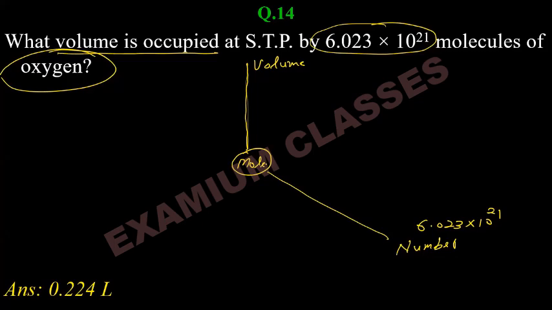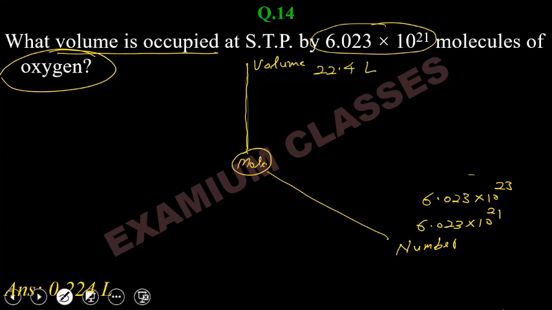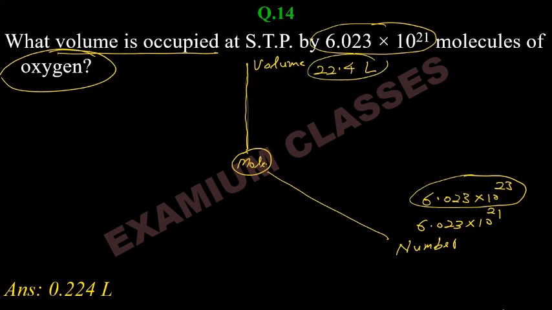Then to convert it to volume, the way will be number to mole and mole to volume. If it would have been 1 mole, it would have been 6.023 into 10 power 23 and volume would have been 22.4 liter. So volume of these many molecules will be what? You need to apply unitary method. Is that clear? Yes, sir. Okay, good.